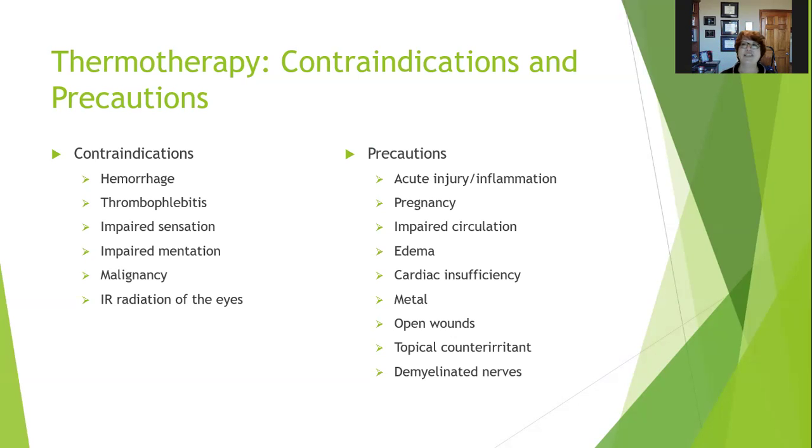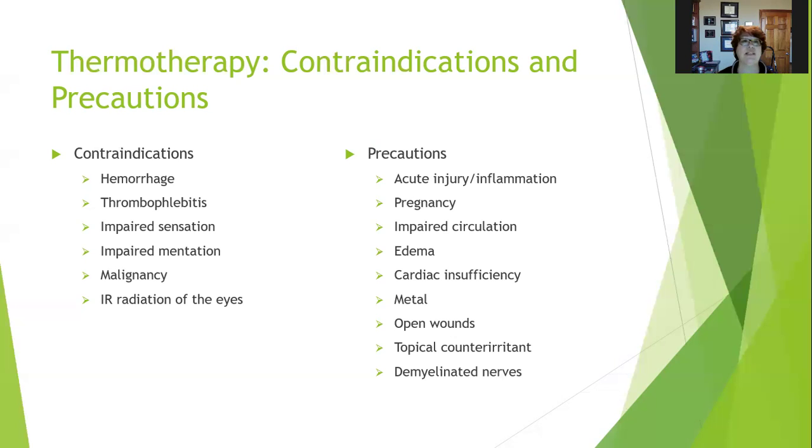Cardiac insufficiency. Anytime you're messing around with vasodilation and fluids, the cardiac system has an overload and it's going to have to take that up. So if you already have cardiac insufficiency, thermotherapy might be a little too much. Metal, like we said, you should take off necklaces and whatnot. Even with metal implants, thermotherapy might make them feel warmer and be uncomfortable.